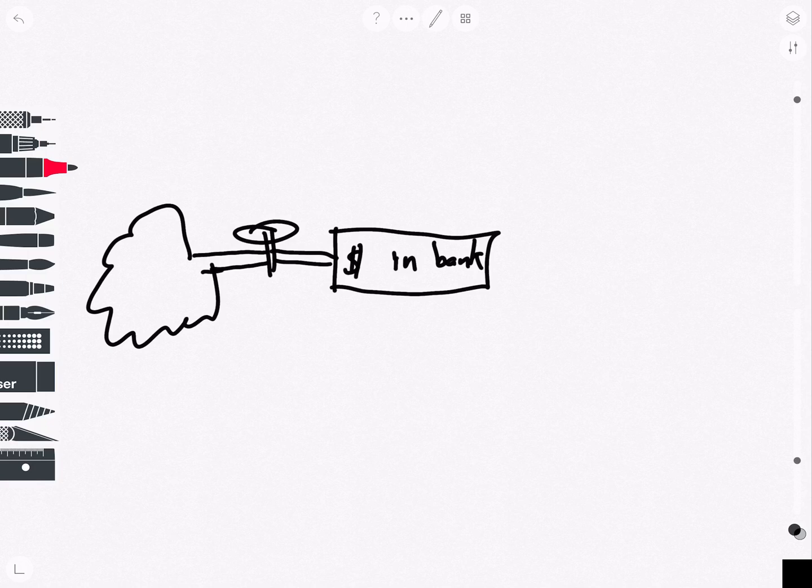So you have money in the bank, which is coming from the cloud in this case, because we're not looking at that, we're only looking at the amount that's actually in the bank.